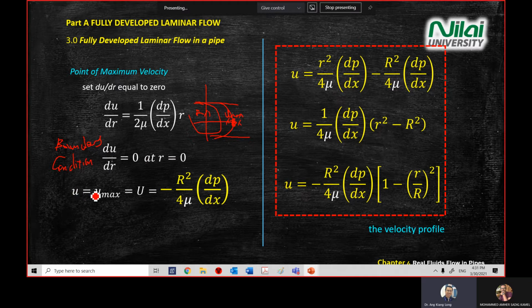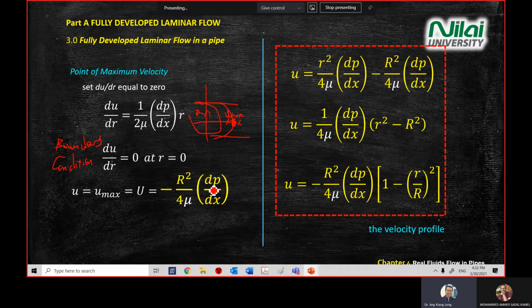You'll get u equal to u max equal to minus r squared divided by 4 mu dp dx. After you differentiate this with r and substitute r equal to 0, you will get this term: minus r squared over 4 mu dp over dx equals u. So your u max equals this one.